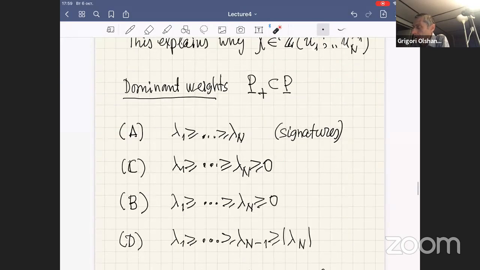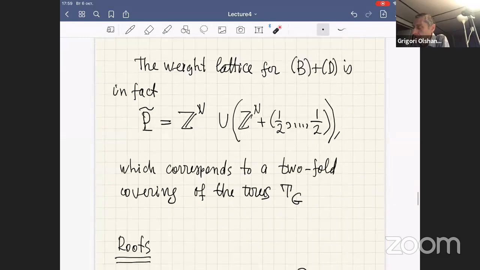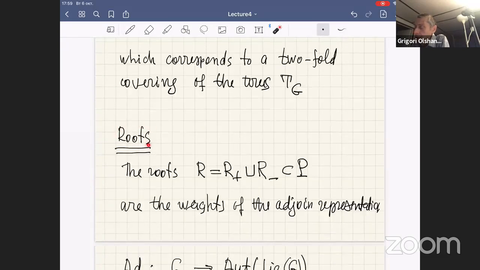But now I come to the notion of roots. What are the roots? The roots are a particular case of weights which correspond to a particular representation, the so-called adjoint representation. The group acts on its Lie algebra. The Lie algebra affords some representation, called the adjoint representation. It has some weights, and these weights which are non-zero, excluding the zeros, are called the roots.